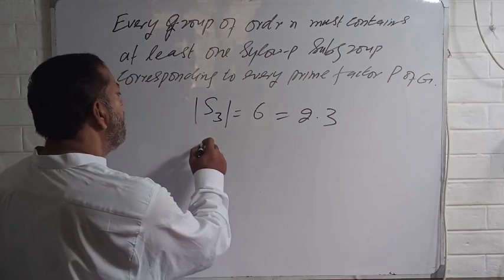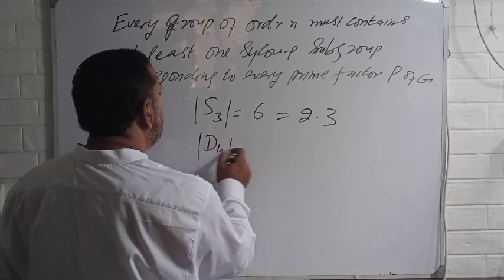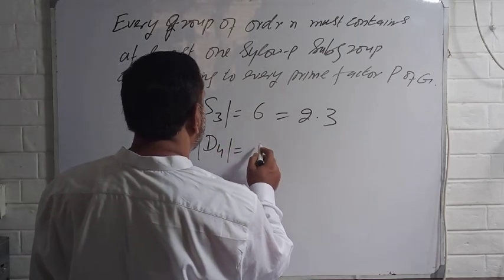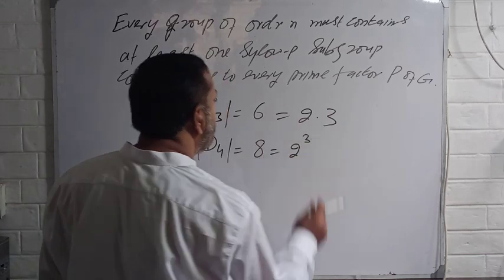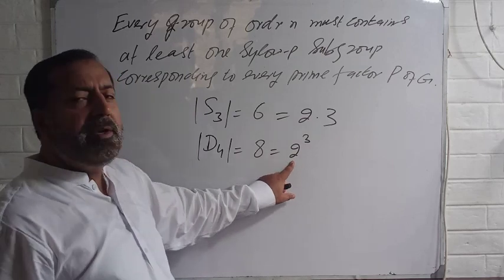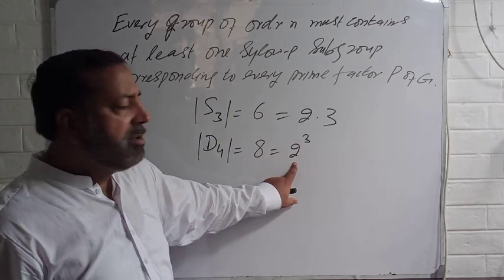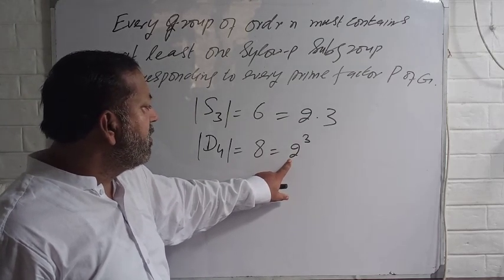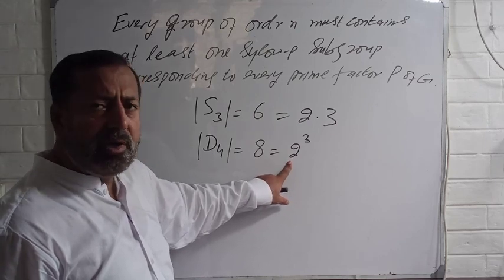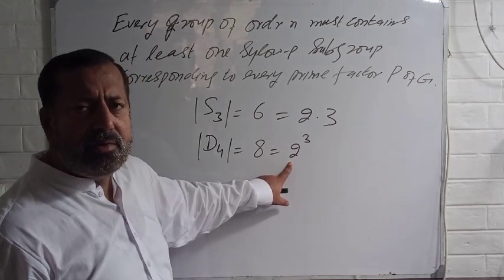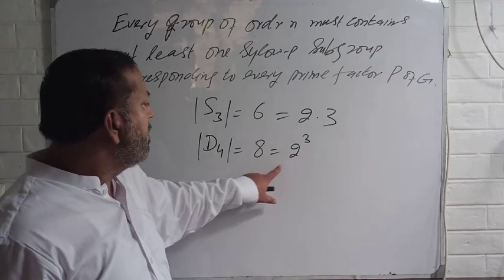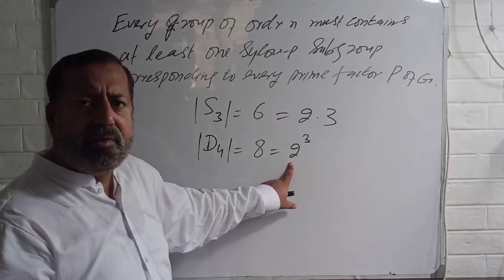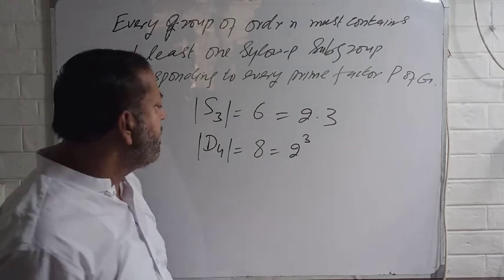And similarly D4, whose order is 8, that is 2 cube. Look at this, D4, 2 cube. So it is itself a Sylow-2 subgroup of order 8, right?